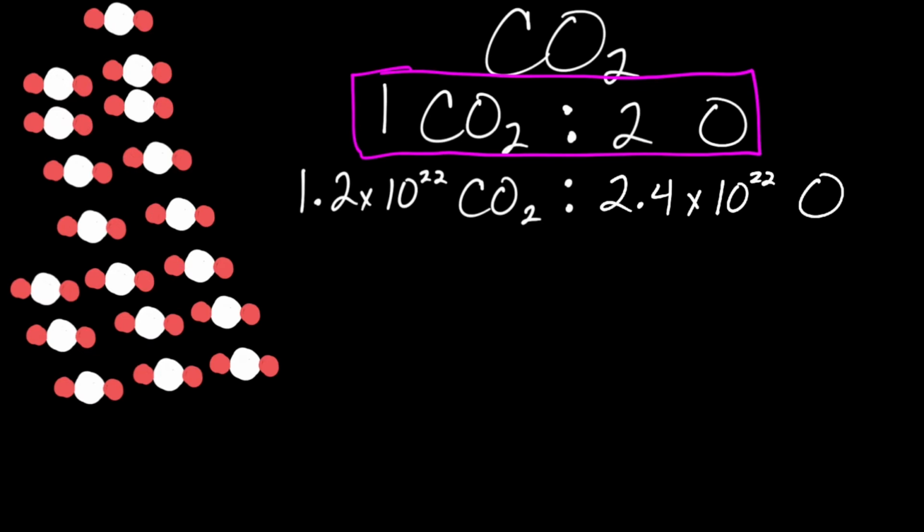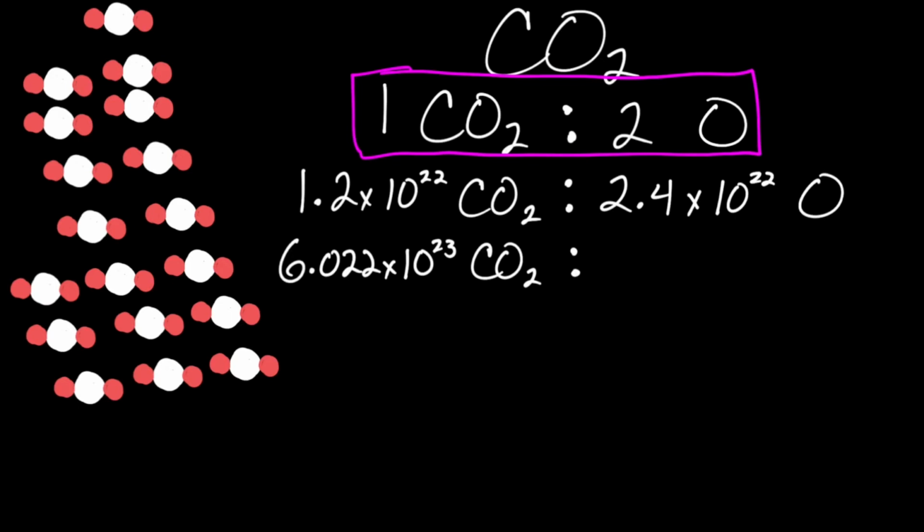All right, let's go even bigger. What if we had 6.022 times 10 to the 23rd CO2s? Again, we're going to extend the line of thinking that this is always a 1 to 2 ratio. To figure out how many oxygen atoms we'd have, we're just going to double this number.